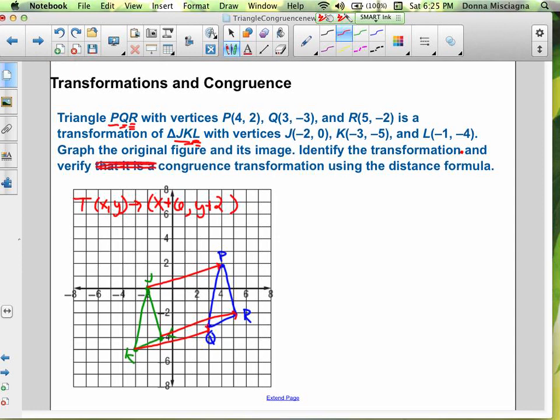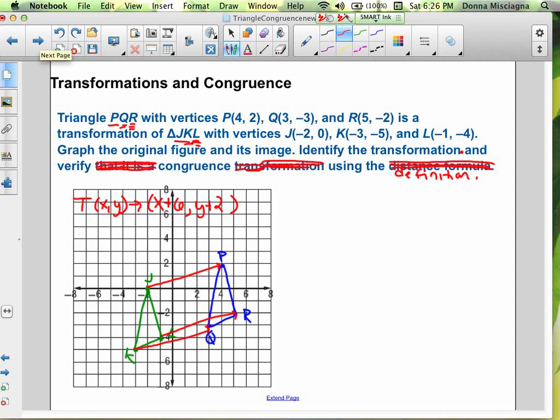I decided to shorten this a bit because I have other problems where we'll use the distance formula. So we're going to verify congruence not using the distance formula, but instead using the definition. I have changed my mind. I can do that. It's my prerogative. We'll have enough when we do the distance formula.